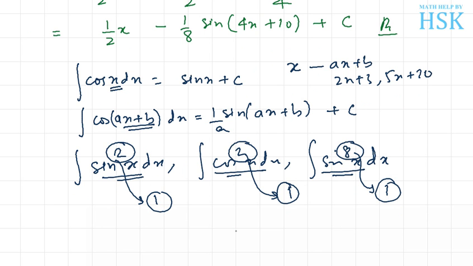So this is the method we use. For example, if we have to integrate cos square x, we cannot integrate directly, but if we write that cos square x is equal to 1 plus cos of 2x upon 2, then we can integrate.